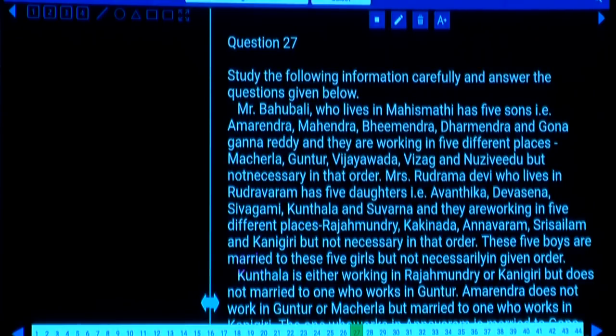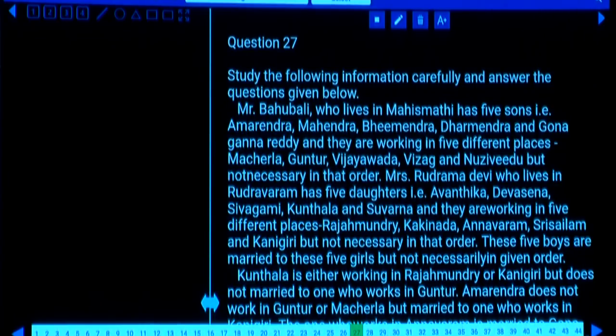Who are those 5 daughters? Avantika, Devasena, Sivagami, Kuntala and Suvarna. And they are working in 5 different places: Rajahmundry, Kakinada, Annavaram, Srisailam and Kanigiri. Isn't it? But not necessarily in the same order. These 5 boys are married to these 5 girls, but not necessarily in the given order.